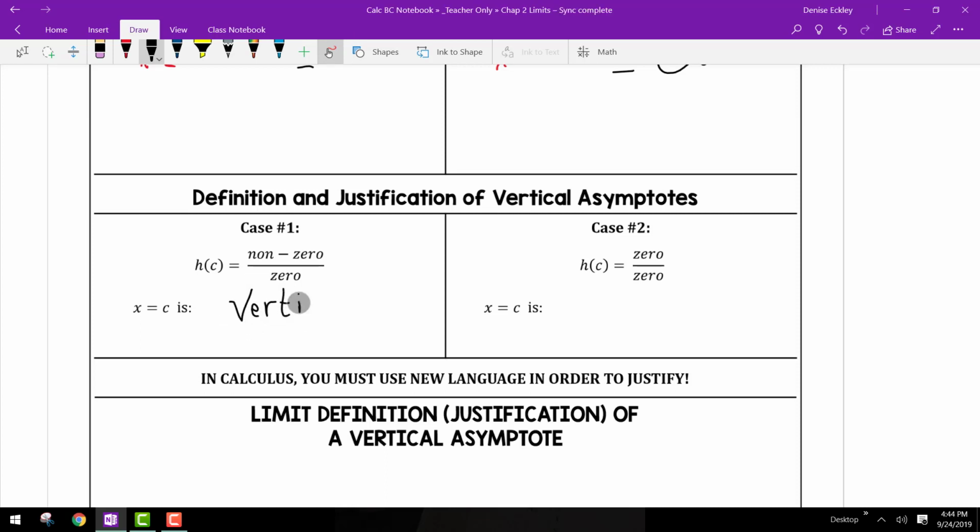That's what c is then. c is a vertical asymptote. And the other case is you have 0 over 0. And again, if they're exactly the same, this is the location of a hole.